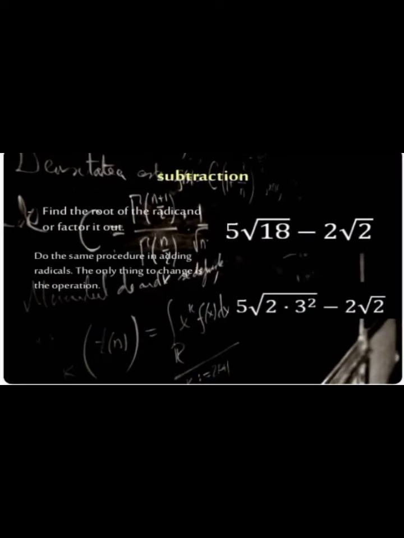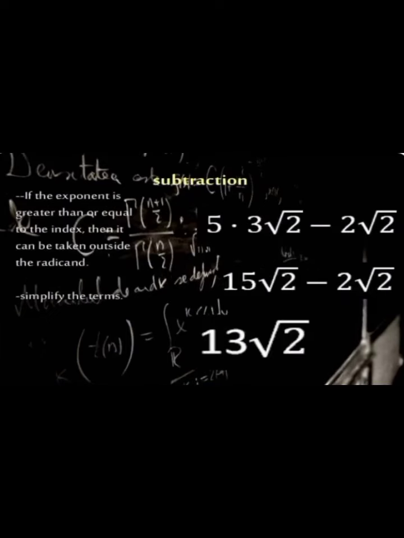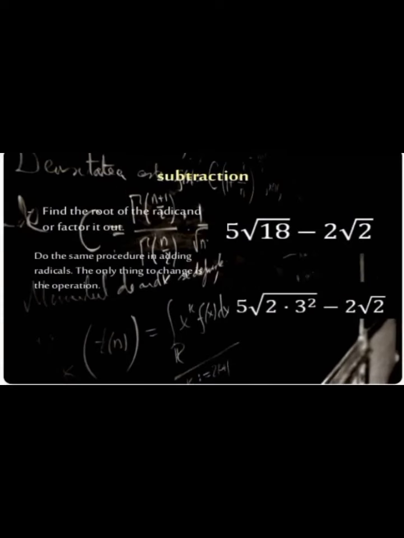Next is subtraction. So, 5 square root of 18 minus 2 square root of 2. We're going to find the root of the radicand or factor it out. We do the same procedure as in adding radicals, the only thing to change is the operation.